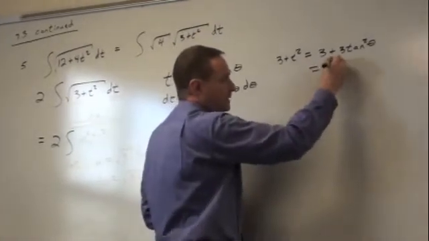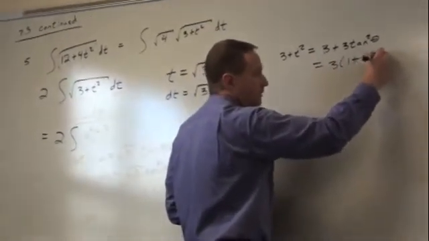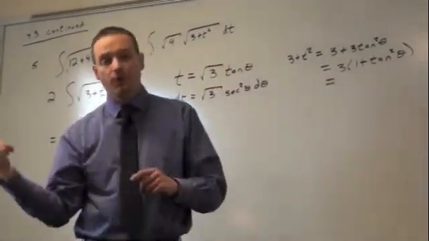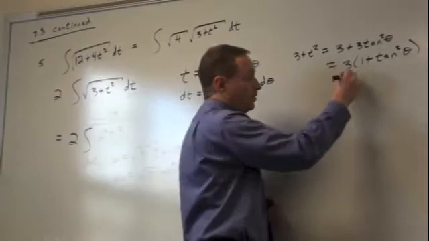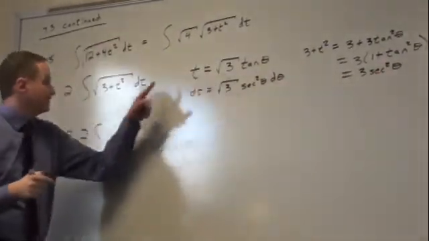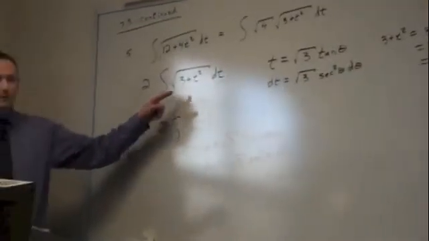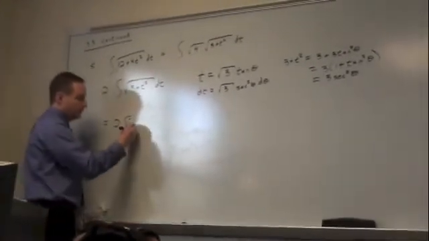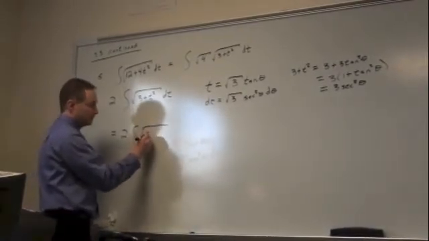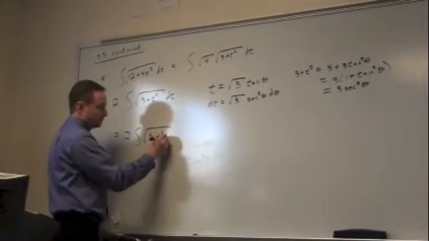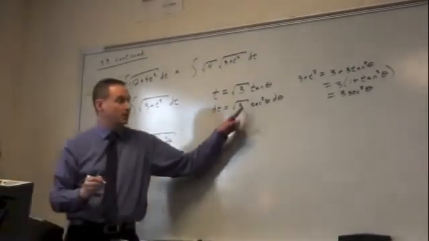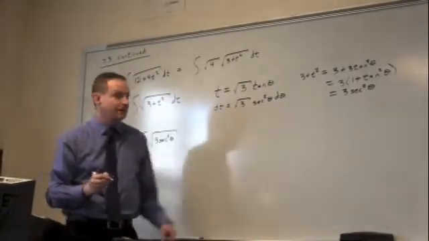That's going to give me 3 times 1 plus tangent squared theta, which, if I'd rather just simplify things before plugging it into the integral, I know is 3 secant squared theta. That's going to go inside of this square root. So the square root of 3 plus t squared turns into the square root of 3 secant squared theta. And then my dt is the square root of 3 secant squared theta d theta.